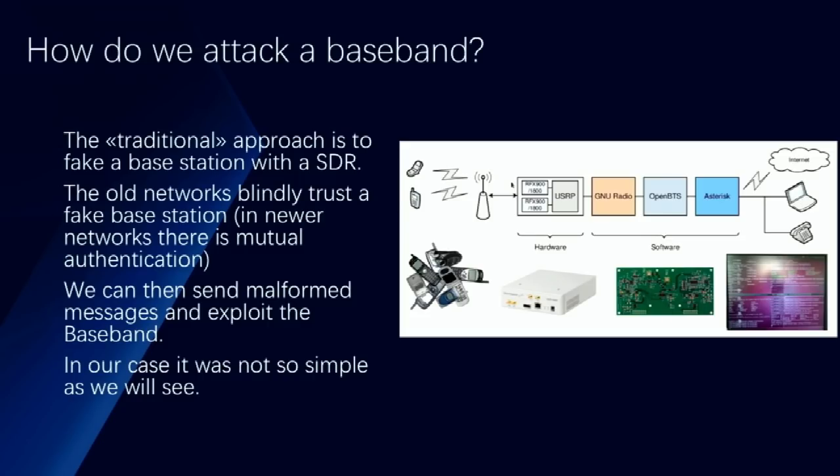So if I just go around with an SDR and my signal is stronger than the base station of the carrier, then your phone will connect to my SDR-based fake base station and I can exploit your baseband. And like I said, we cannot use this approach in our case, unfortunately.